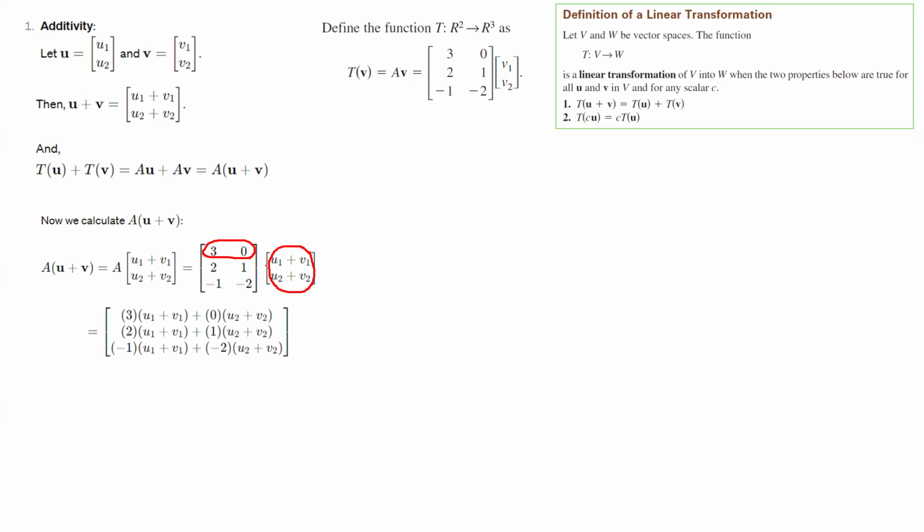So it is 3 times (u1 + v1) plus 0 times (u2 + v2). Then 2 times (u1 + v1) plus 1 times (u2 + v2). Then -1 times (u1 + v1) plus -2 times (u2 + v2). This can be written as 3u1 plus 3v1, then you have 2u1, 1u1, and so on.